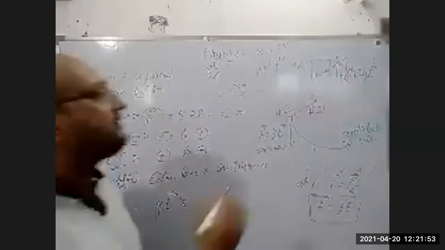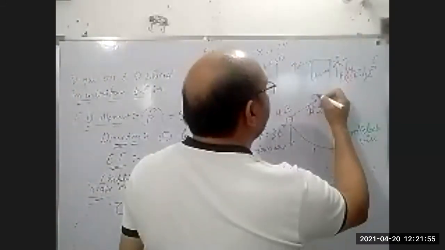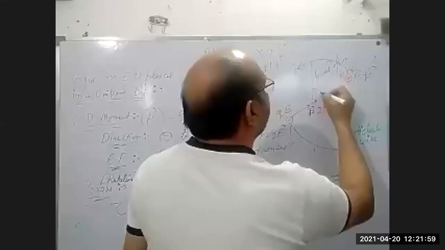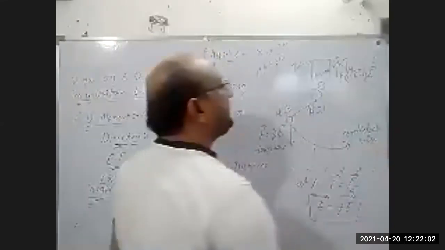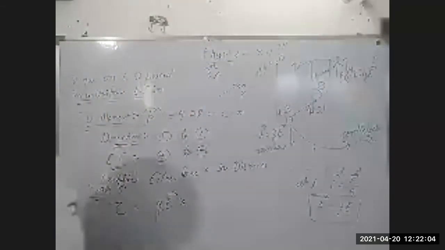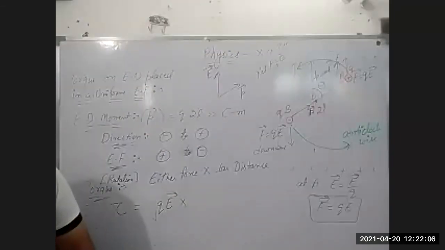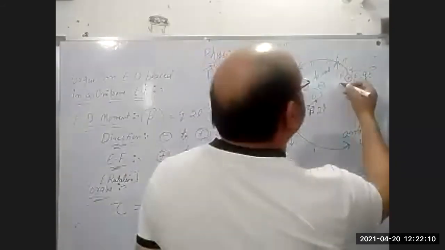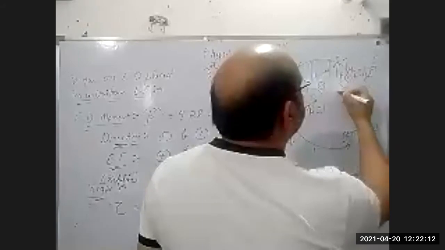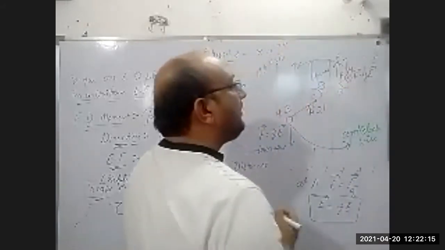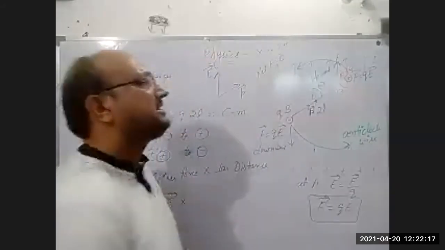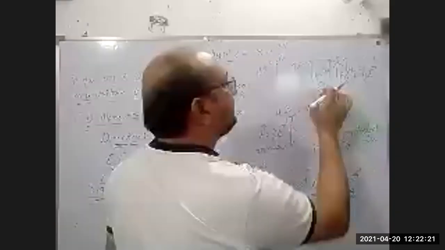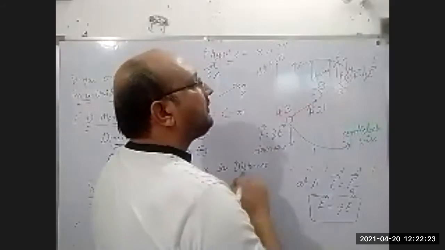Assume the angle between the dipole moment and the electric field is theta. This other angle is also theta. But where is the perpendicular distance?